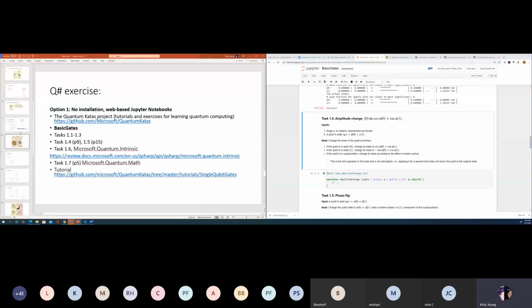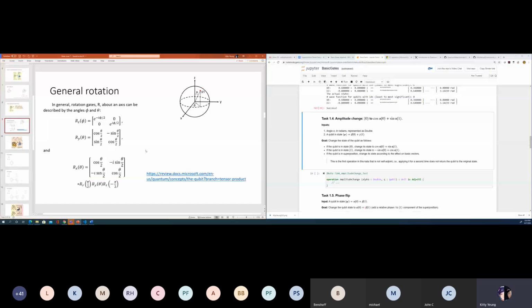I marked page number 5, which will give us what we need. In this case, alpha is just your theta over 2, because theta is the intrinsic angle away from the z-axis.